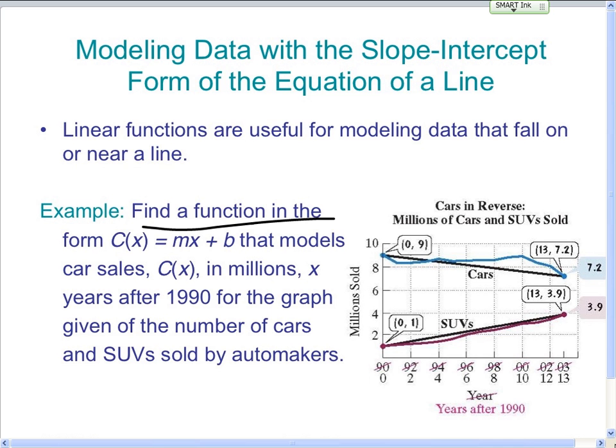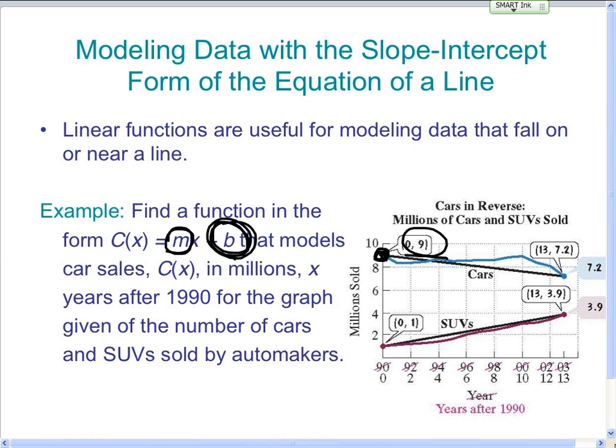Find a function that models the data for C, which is cars. What they're asking you to do is actually write the equation. So you need to know what m is. That's slope, so you would calculate your slope, and you need to know what b is, and that's going to be on the y-axis. So whatever number is on the y-axis, in this case it's 9.